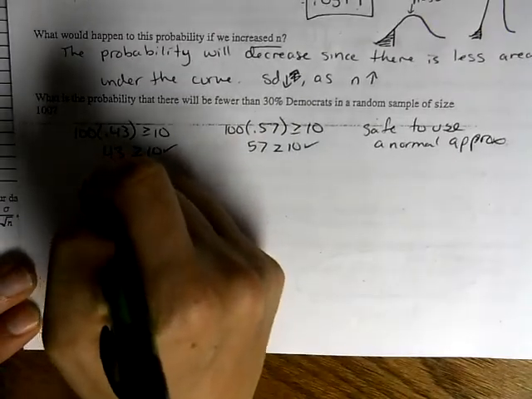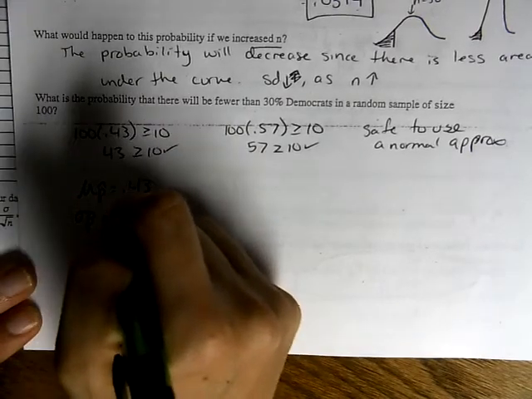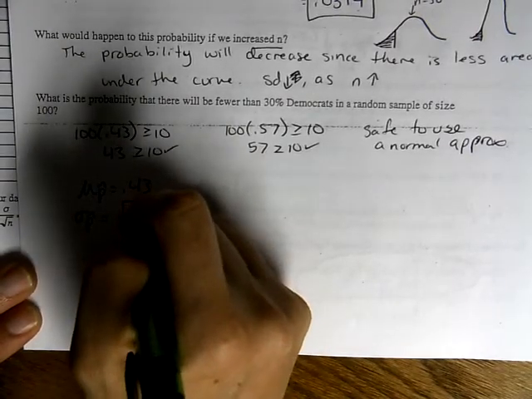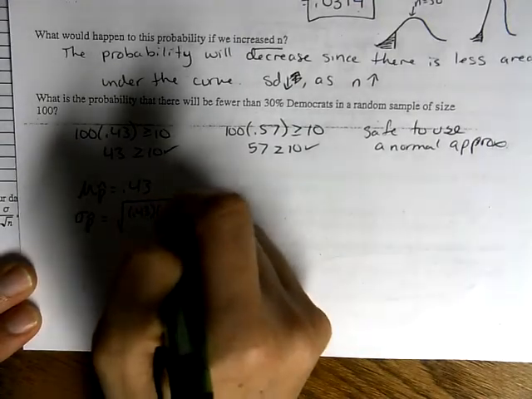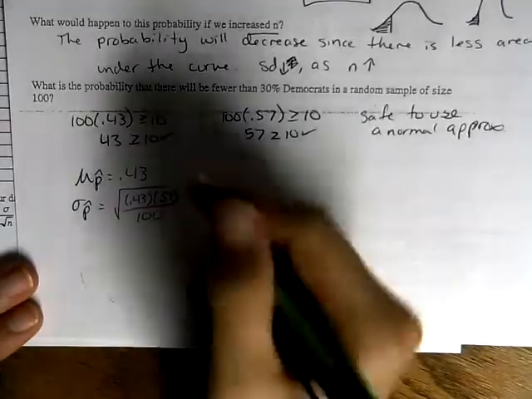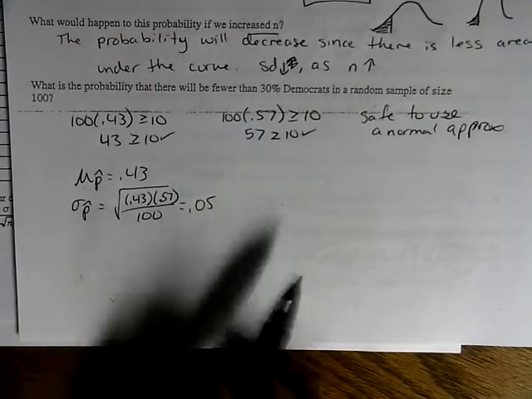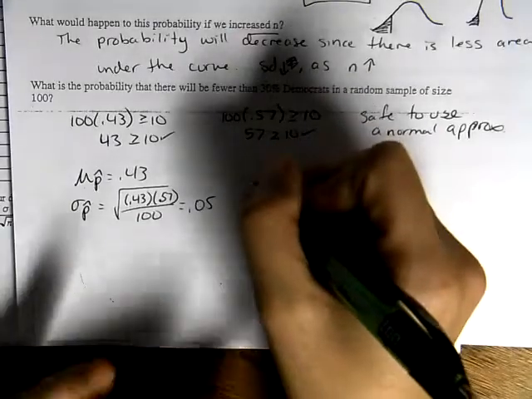So now our mean is 0.43. Here's where the standard deviation is what I did before. The square root of 0.43 times 0.57 divided by 100. And you end up with 0.05. So now this time, let's just use calculator.